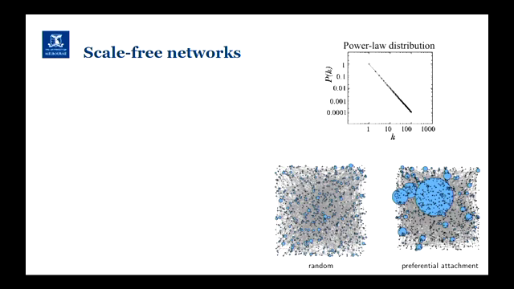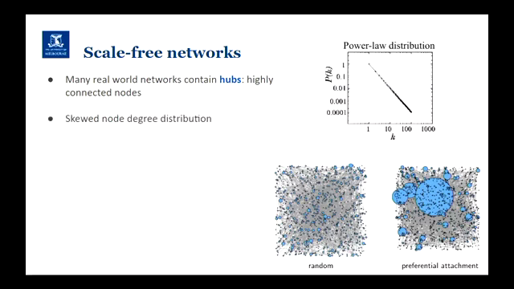And the last type of network that I'd like to mention is the scale-free network, which is quite common. So this comes from the observation that a lot of real-world networks naturally contain hubs, which are highly connected nodes. And what this does is generating a skewed node distribution.